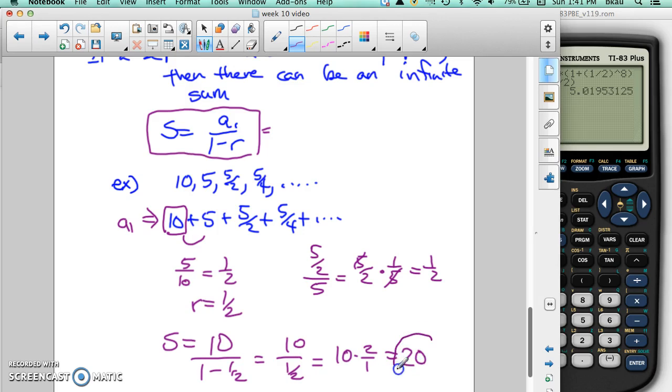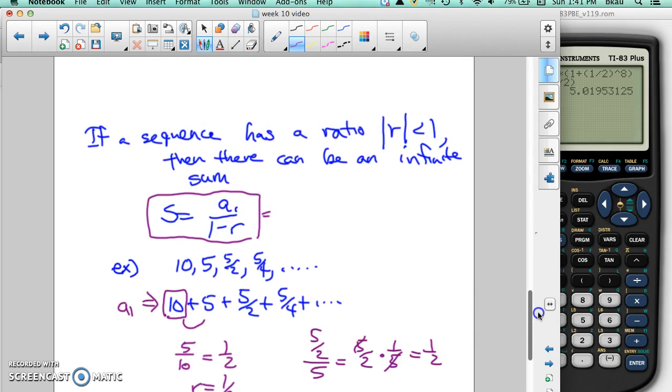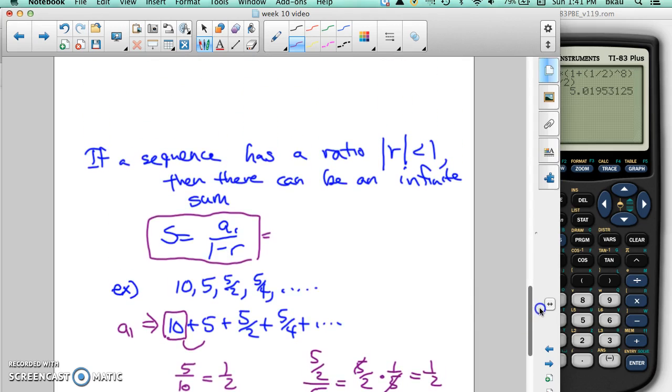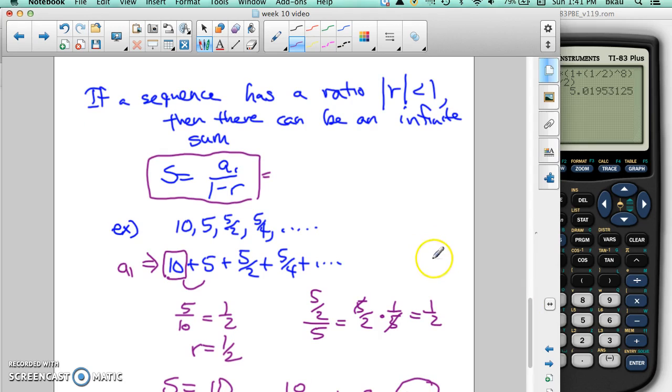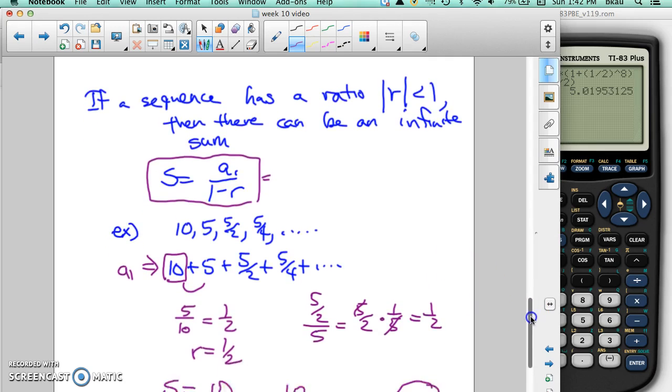So what we're saying here is if we keep adding these terms up, we're going to get closer and closer to 20. 20 is going to be my final answer. If I get tired of adding, we're going to get really, really close to 20. We'd round it up to that anyway, because it's going to be so close by the time we get to the 50th term here. And we could try that out.